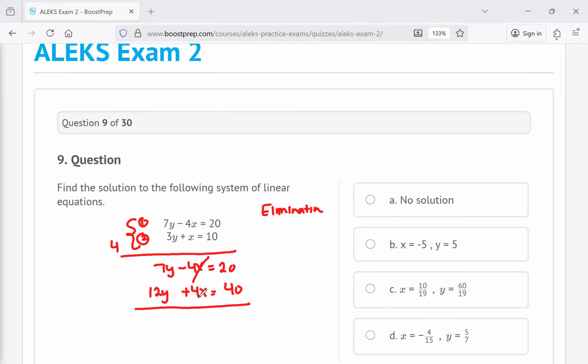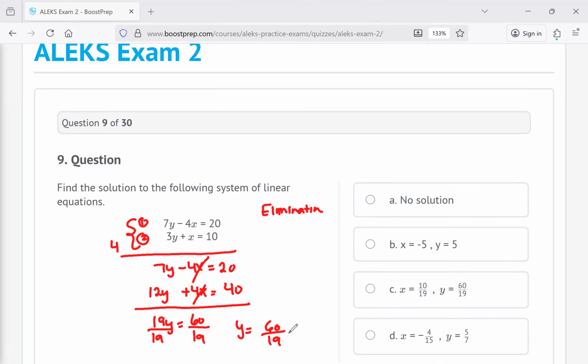And then the x cancels. Then 12y plus 7y is 19y. And then 20 plus 40 is 60. Divide this by 19, and you get y equals 60 over 19.